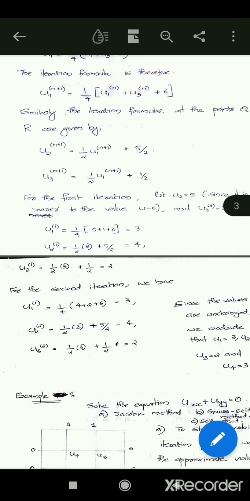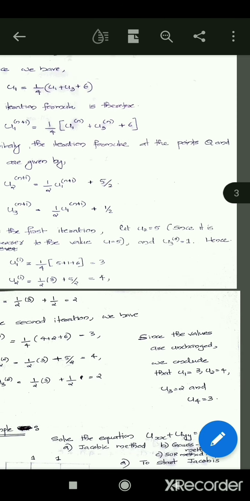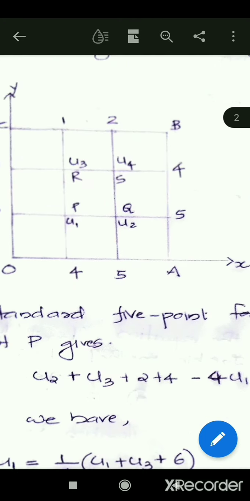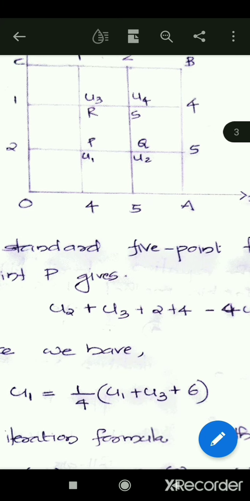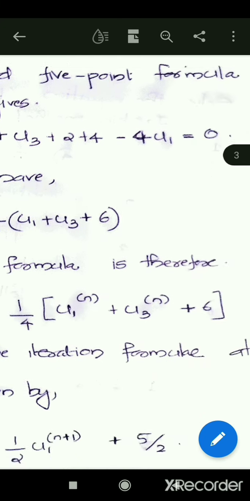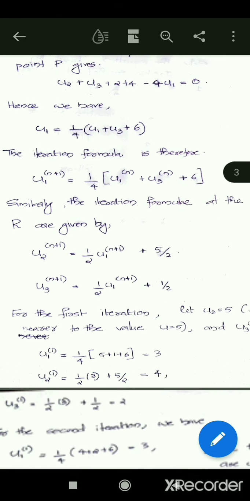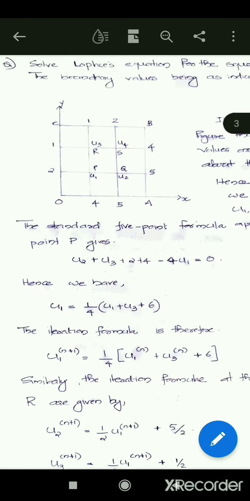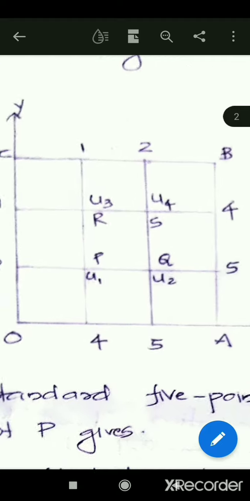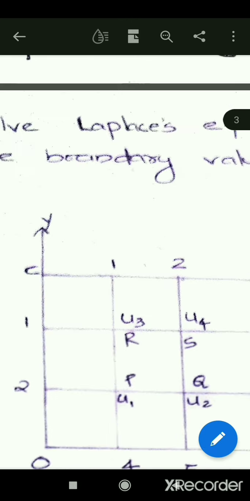There is another approximation: since u2 is close to 5, we can say u2 of 0 becomes 5, and u3 is close to 1, so u3 of 0 becomes 1.